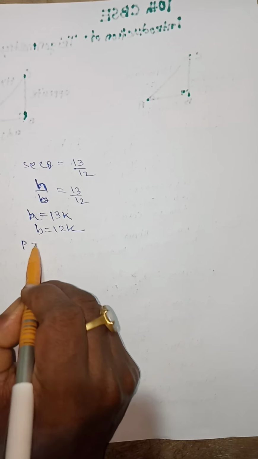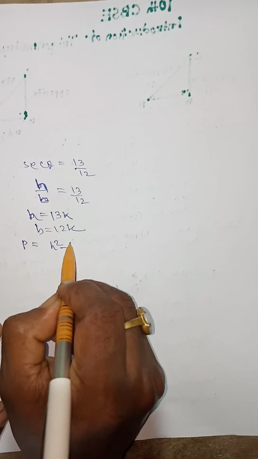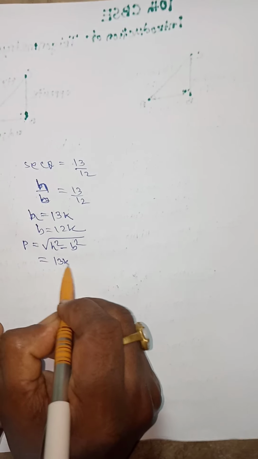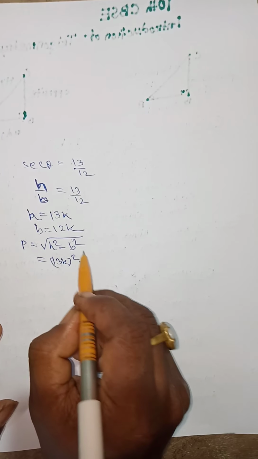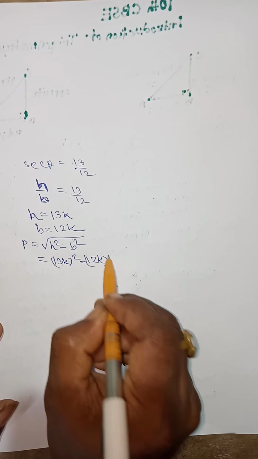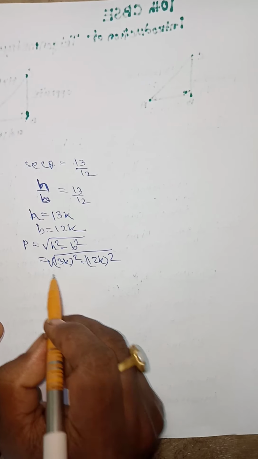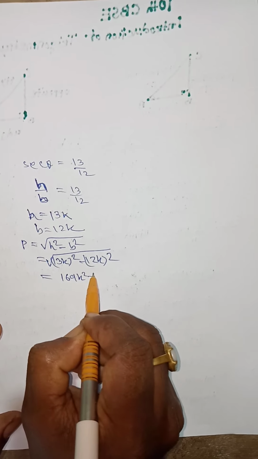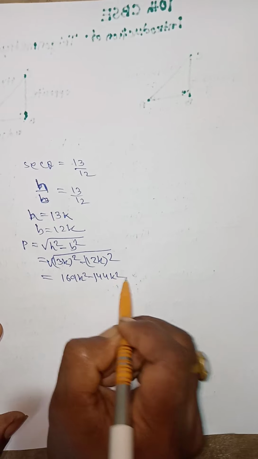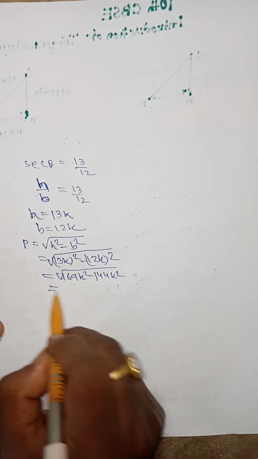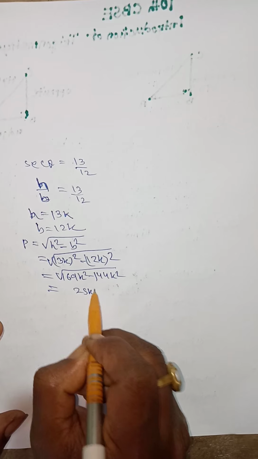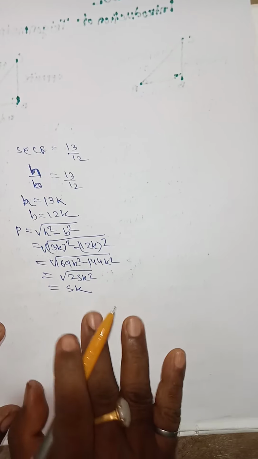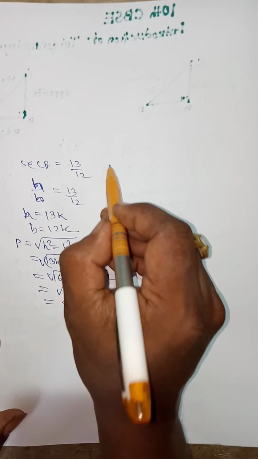P. So find P first. P is equal to the square root of H square minus B square. So the square root of 13K square minus 12K square, then the square root of 169K square minus 144K square, equal to the square root of 25K square, equal to 5K. Finish. Now find all the trigonometric ratios.